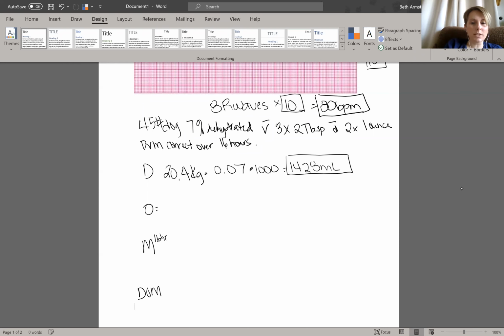So for our ongoing losses, this is everyone's favorite part. It's going to be easiest to do vomiting first. So he vomited 3 times and it was 2 tablespoons. So 2, and then how much is a tablespoon? 15 mils. 15. Perfect.